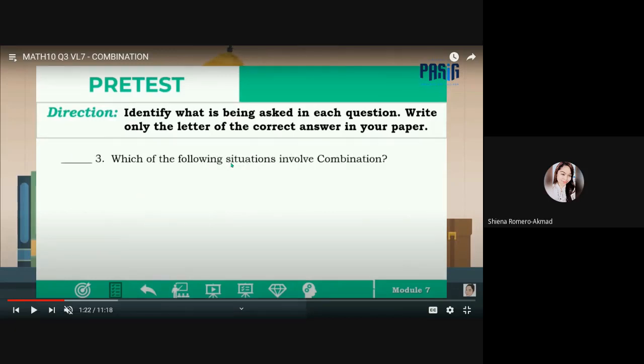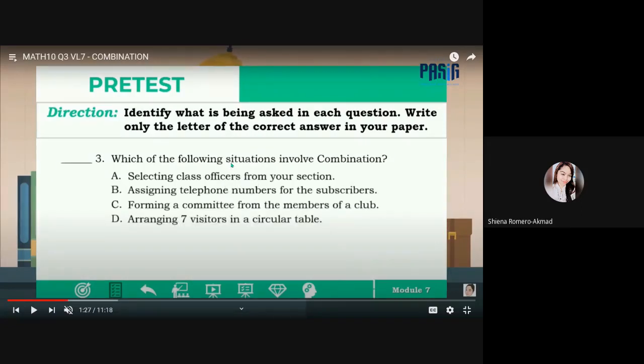Number 3, which of the following situations involve combination? So tingnan nyo muna yung mga situations na ibibigay. Tingnan nyo kung yung order matters or doesn't matter in each situation. So is it A, selecting class officers from your section?